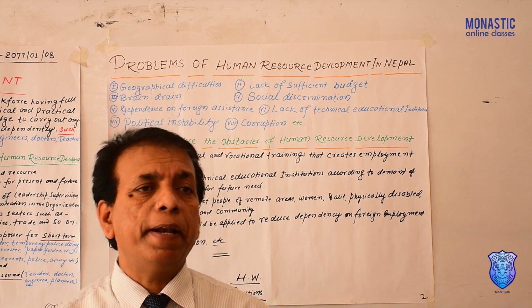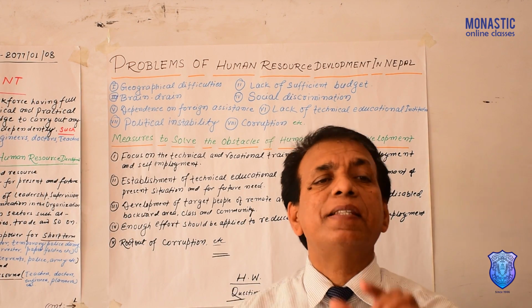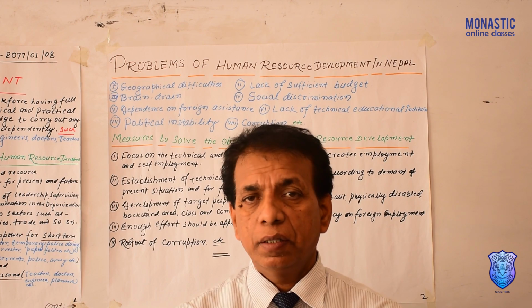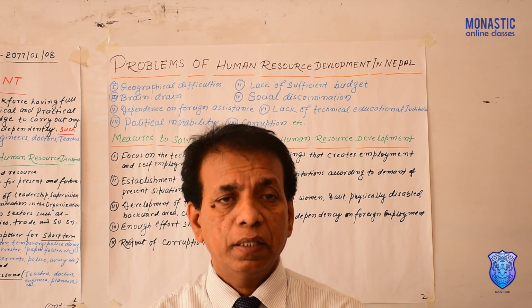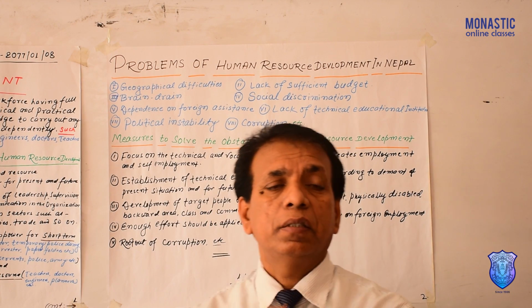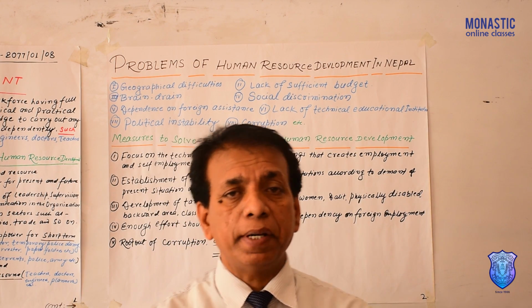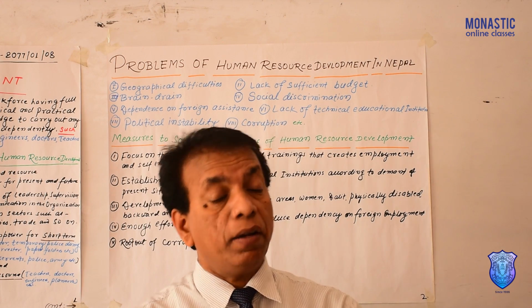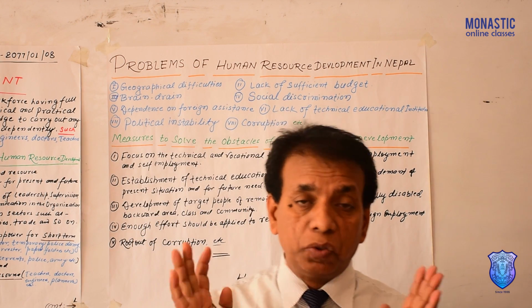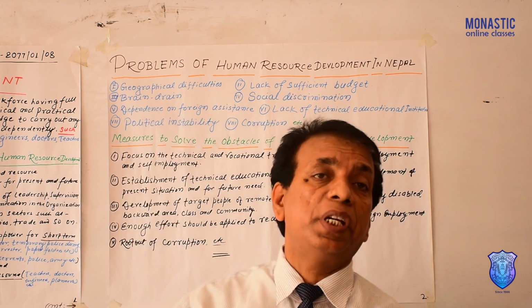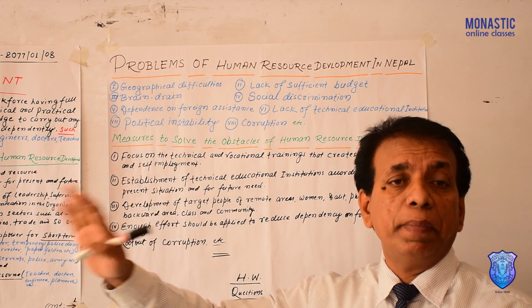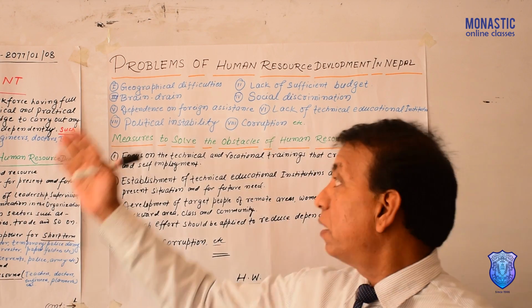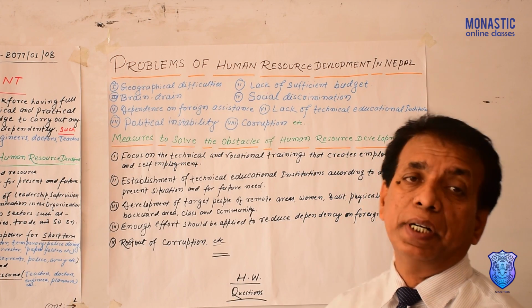But such manpower has not been given various facilities like technical support, even electrical support, and other supports are not found there. Neither is there a big university for those reasons. So the human resource of our country has not been developed because of geographical difficulties.